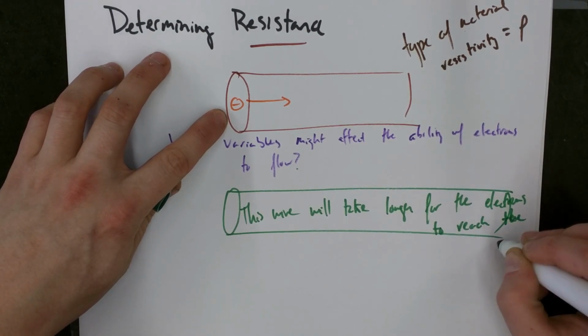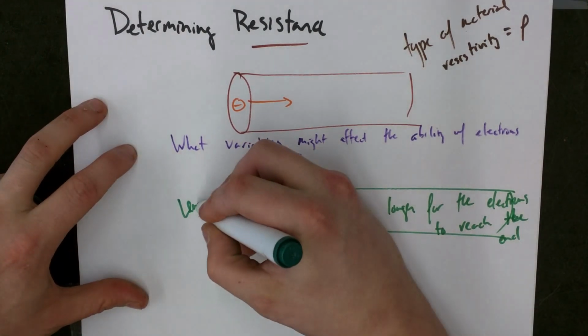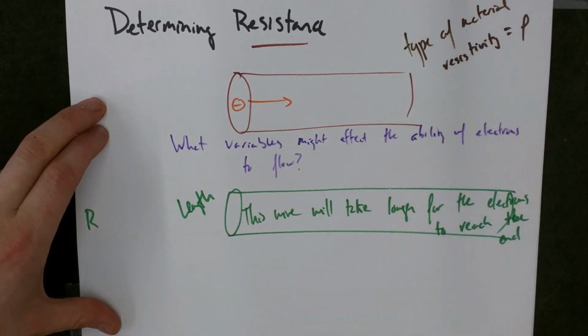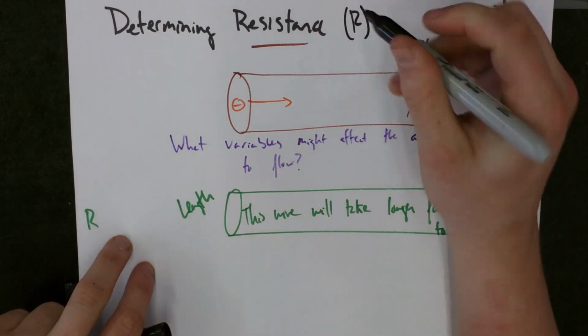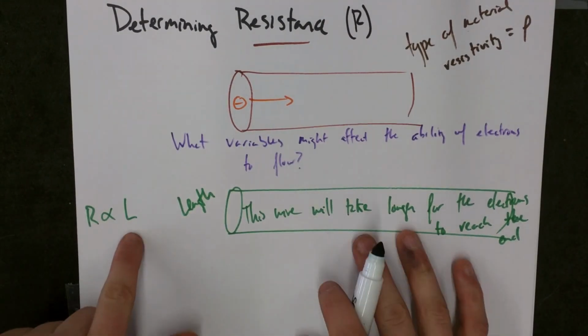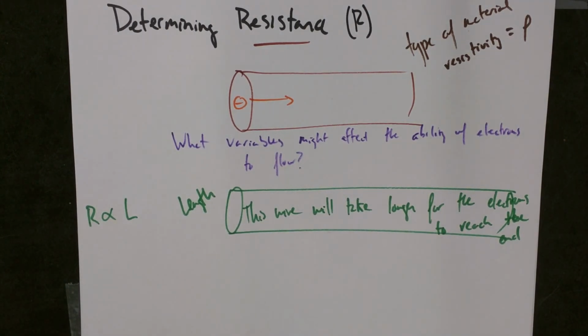So, writing this in proportion, the resistance is what we're solving for here. Resistance is R. It's proportional to the length. As the length of the wire goes up, so does the resistance.